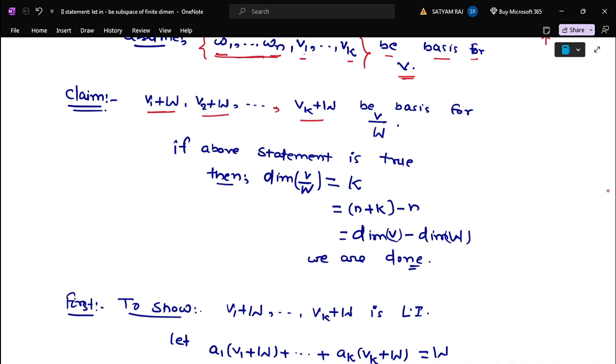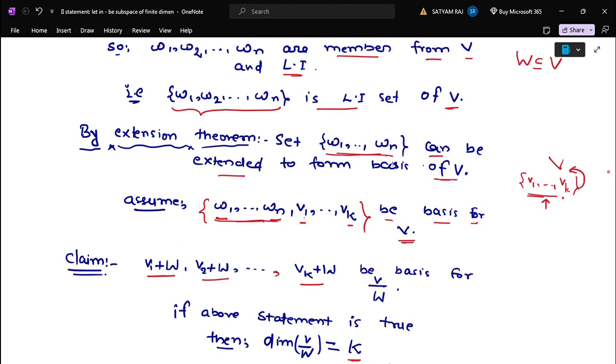V1 to Vk, so we have k vectors. And k can be written as n plus k minus n, because the n will cancel out, and the remaining will be k only. And we know that W1 to Wn, V1 to Vk is a basis for V, meaning the dimension of V is n plus k.